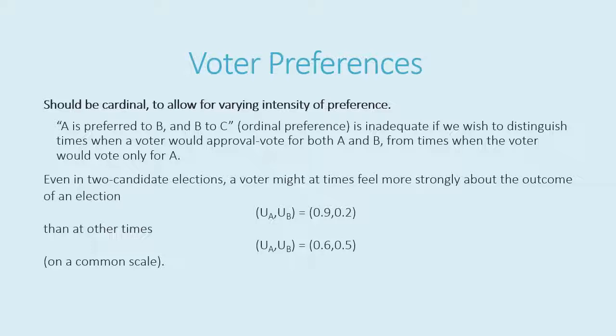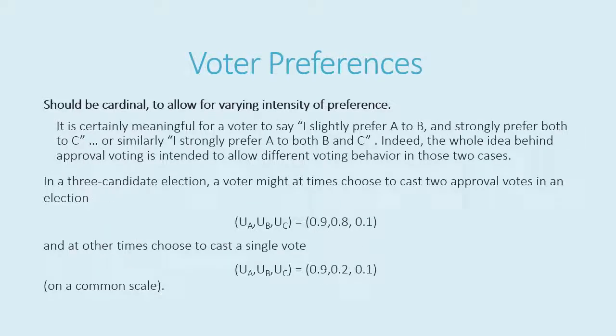This allows voters to feel more strongly about the results of some elections than about others, and it helps to clarify why a voter might sometimes cast one approval vote and at other times more than one.